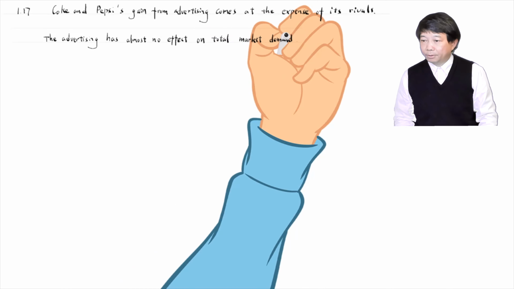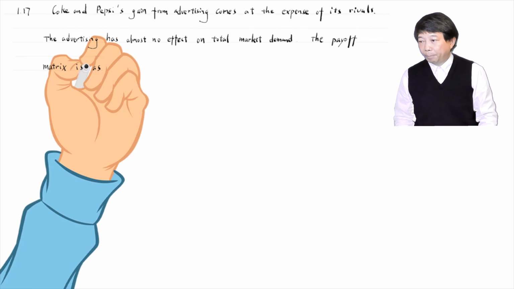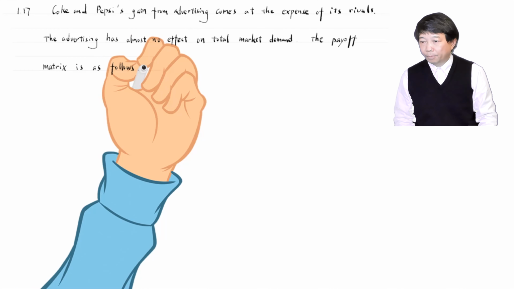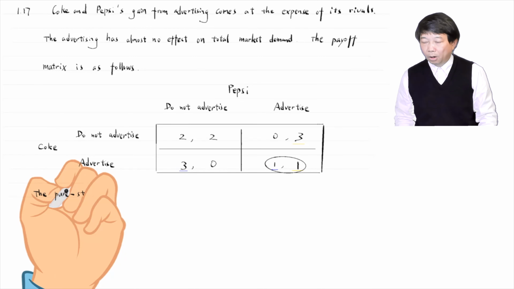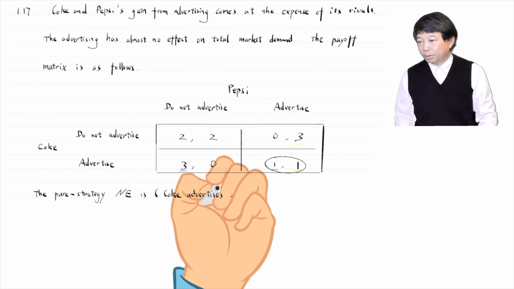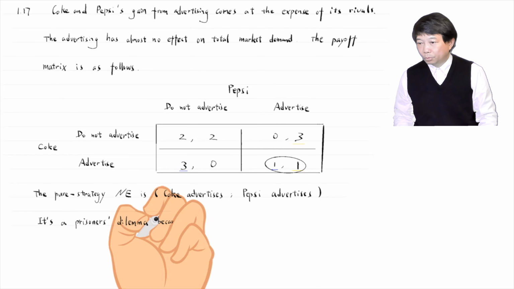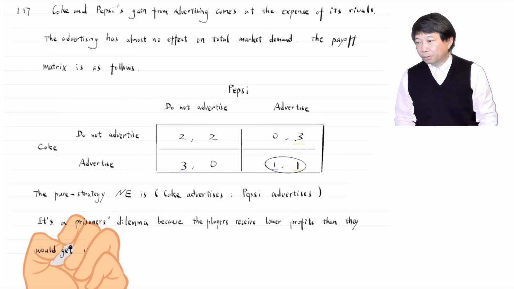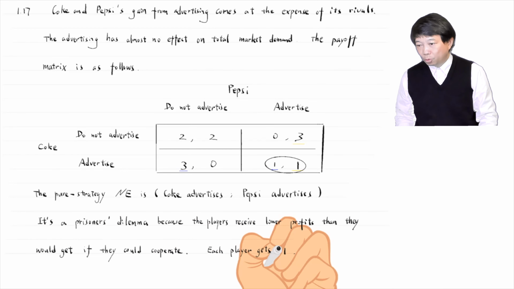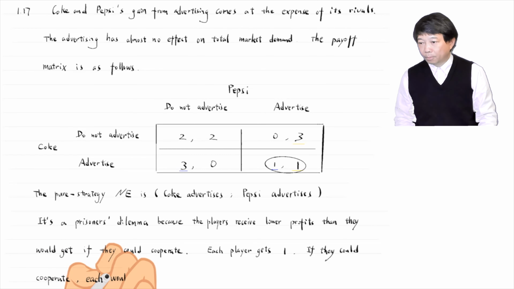The advertising has almost no effect on total market demand. The payoff matrix is as follows. The pure strategy Nash equilibrium is that Coke advertises and Pepsi also advertises. It is a prisoner's dilemma game because the players receive lower profits than they would get if they could cooperate. Each player gets 1. If they could cooperate, each would get 2.